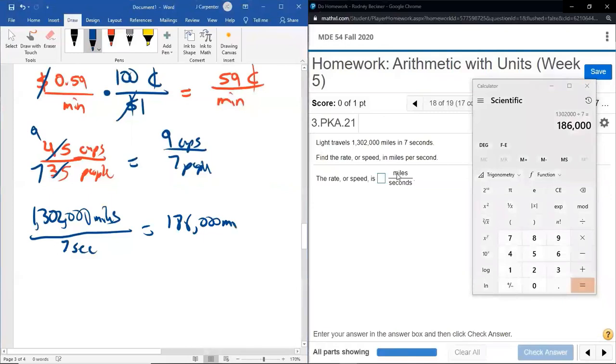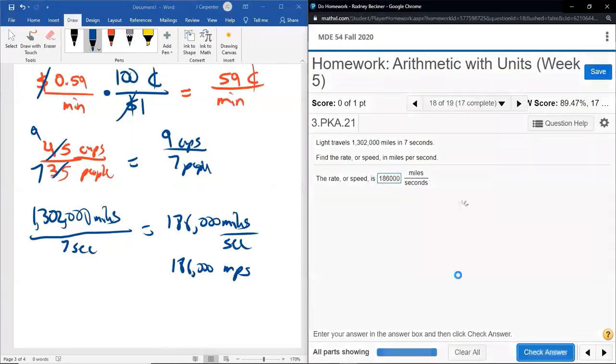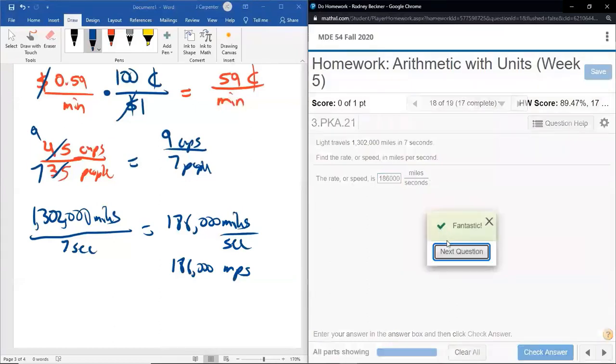The miles are still on the top. The seconds are still on the bottom, or it's 186,000 MPS, miles per second. Or you could write the words out, miles, and the word per, and seconds. Be careful, if they had the word thousands of miles in there, all I'd type is 186. If they had the word millions of miles in there, I'd type 0.186.